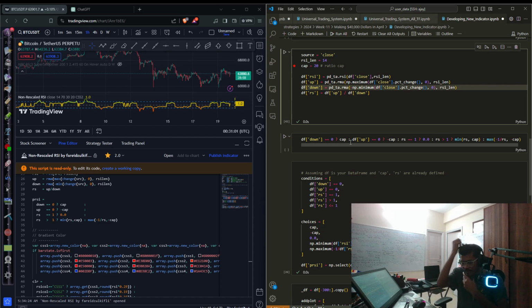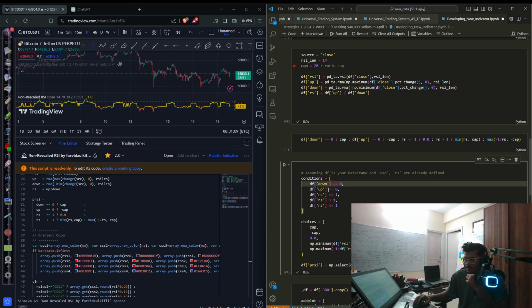So what it's doing: if down is equal to 0, up RS is 1, RS is greater than 1, then we have this np.minimum RSI.cap.